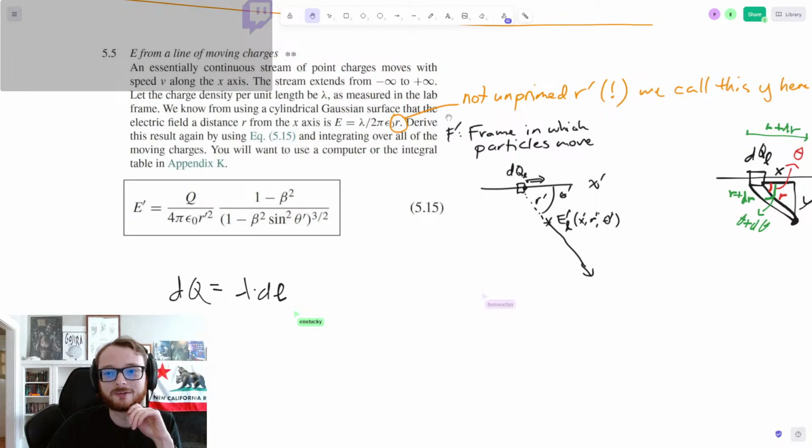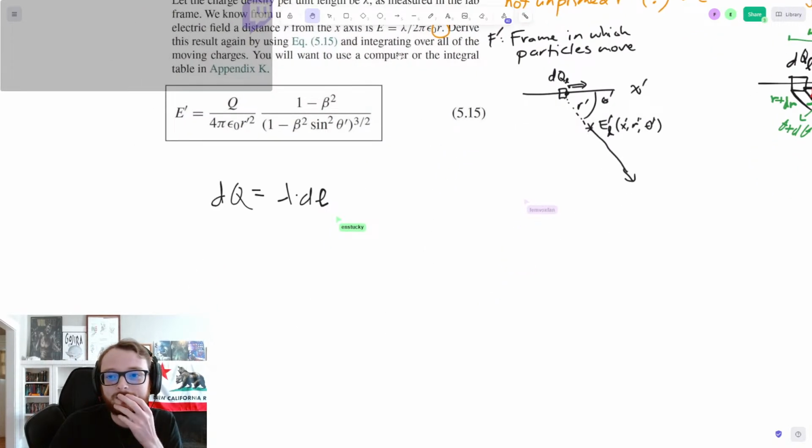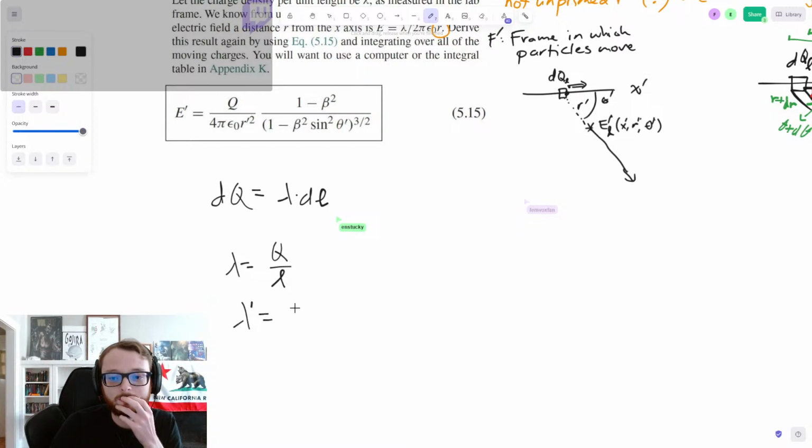Yeah, and I don't remember which way it goes, but... I guess we could say that lambda is equal to Q over L, but lambda prime, oh, well, maybe not. It's equal to Q over, the length should be shorter, so 1 over gamma L. Maybe we have to say that.